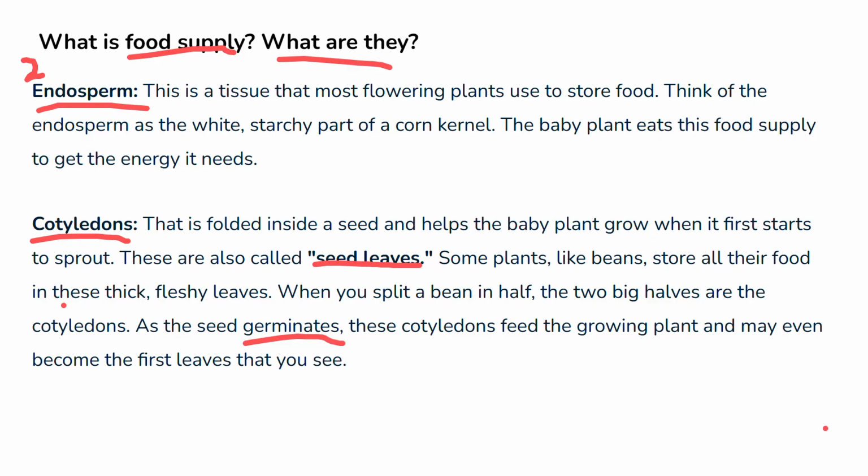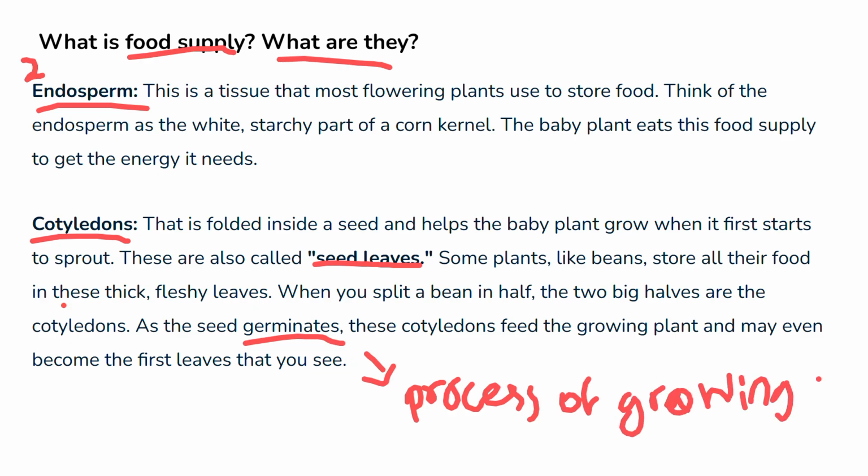Now you see this word, germinate. This will be covered in part 2 of this video, but I just want to give the definition. It's the process of growing a baby seedling.